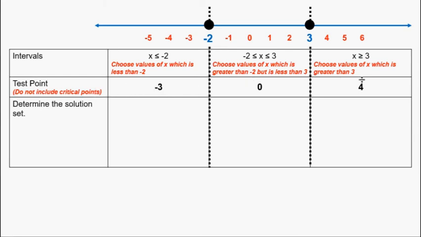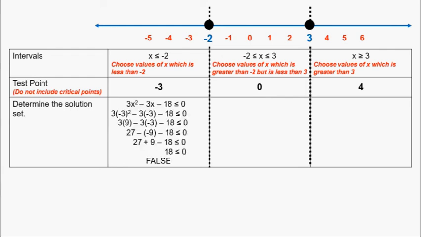Next is determine the solution set. Nakapili na tayo ng test point. So, alamin na natin kung ano yung solution set dito sa tatlong intervals natin. Okay, anong bang gagawin natin dito? Isa-substitute lang natin itong mga numbers na napili nating test points doon sa original inequality. So, halimbawa dito sa first interval natin, we have 3x squared minus 3x minus 18 is less than or equal to 0.